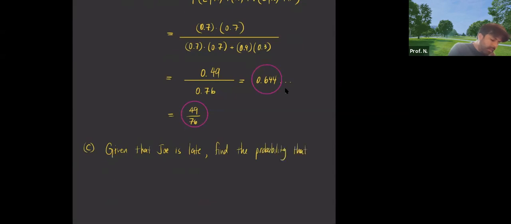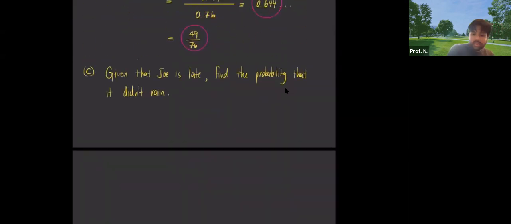that it didn't rain. So would you guys be able to do that? Probability that he's late, given that it didn't rain. How would you quickly set up the Bayes formula here?